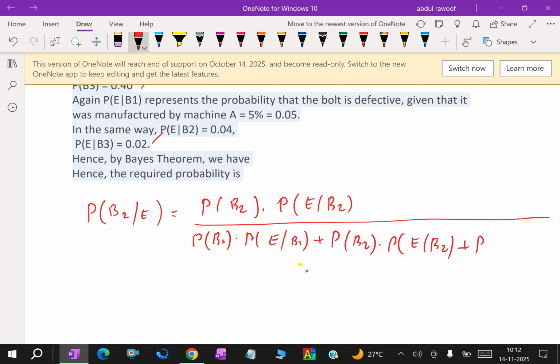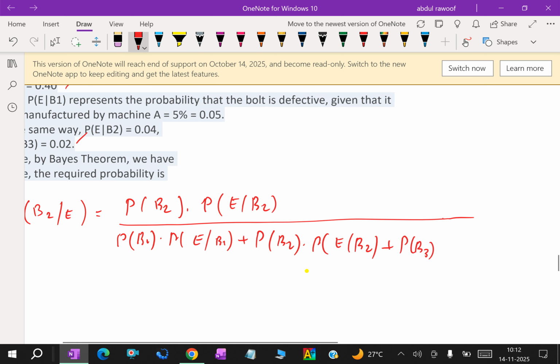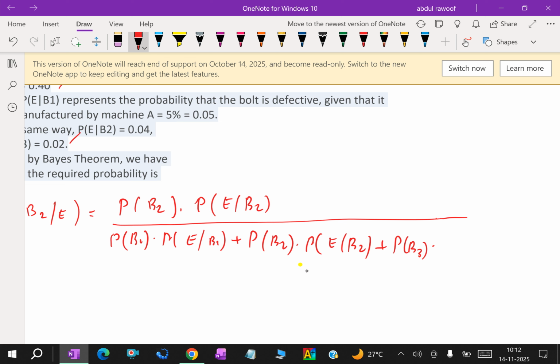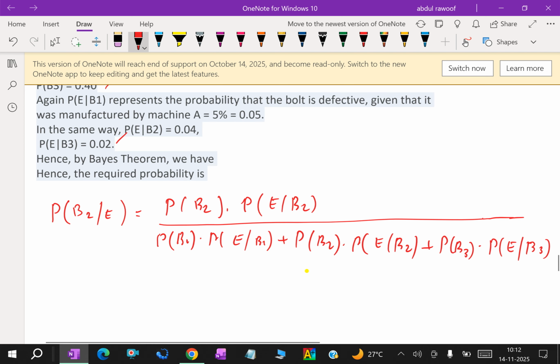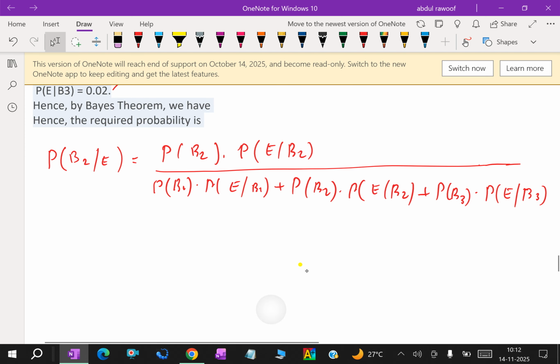plus P of B3 into P of E over B3. Then we have to apply the respective values.